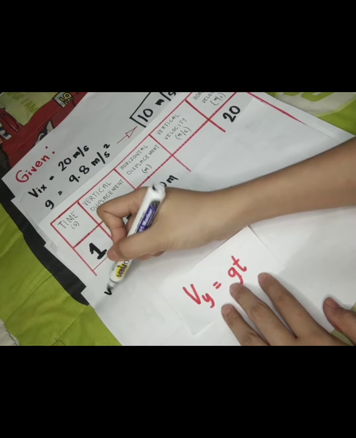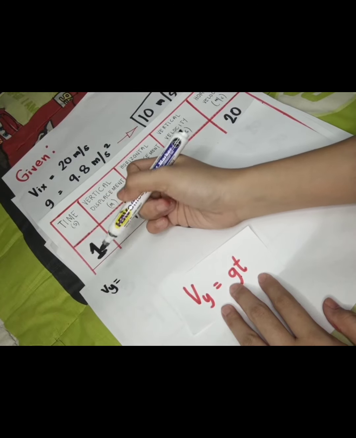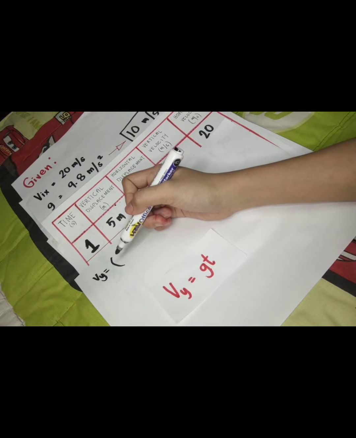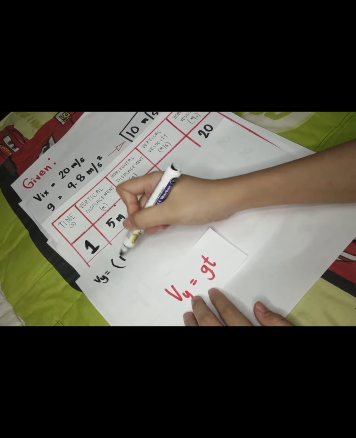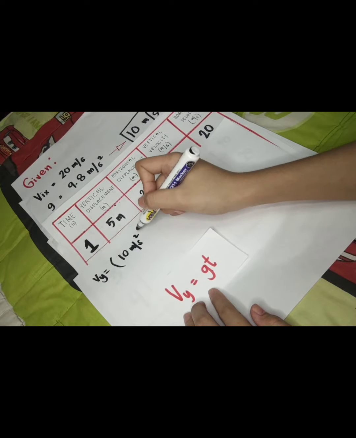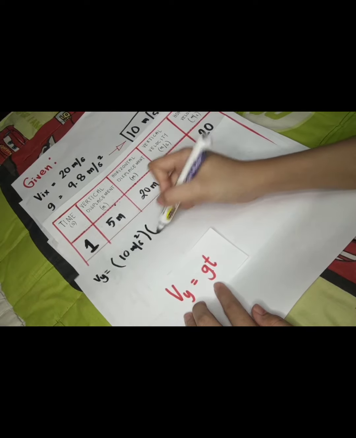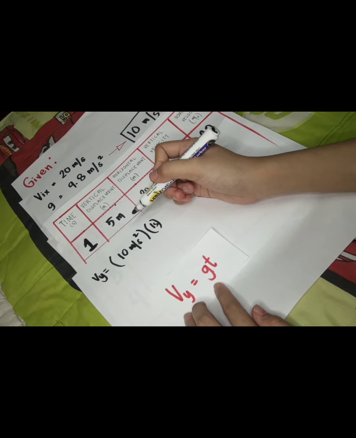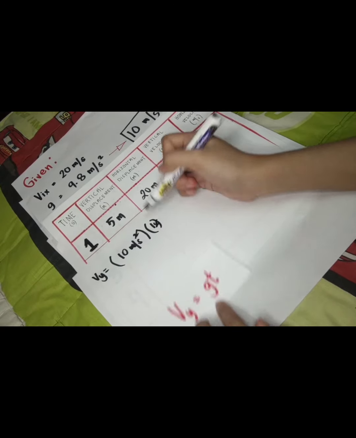So, we have, okay, times natin yung g na 10 meters per second squared. And then, yung ating time na 1 second. So, cancel out natin si squared and then yung second.